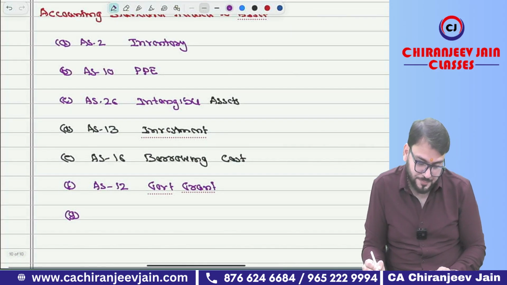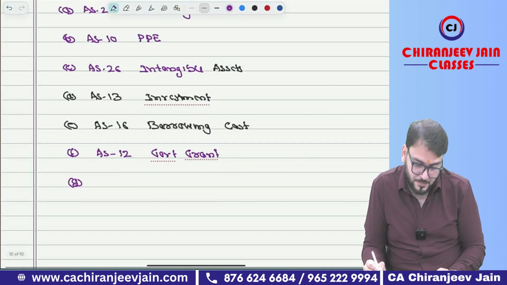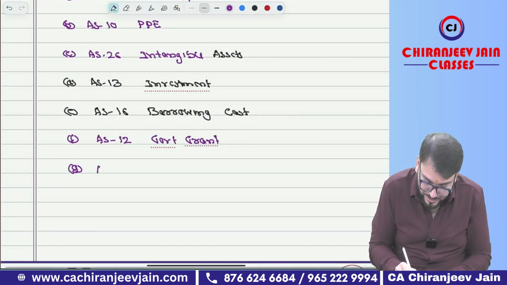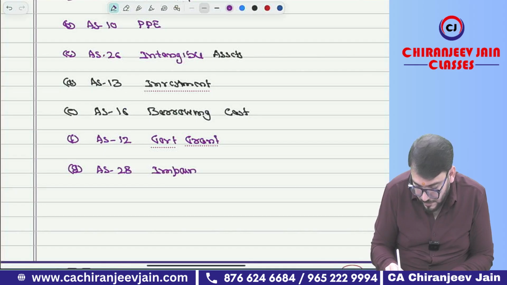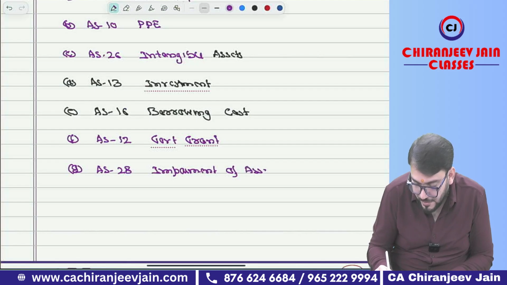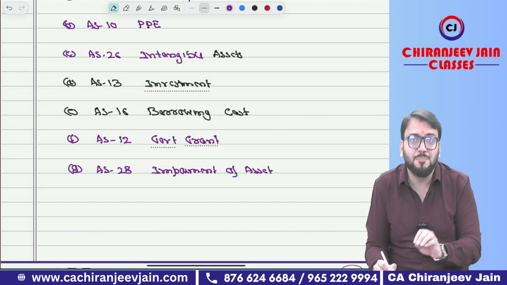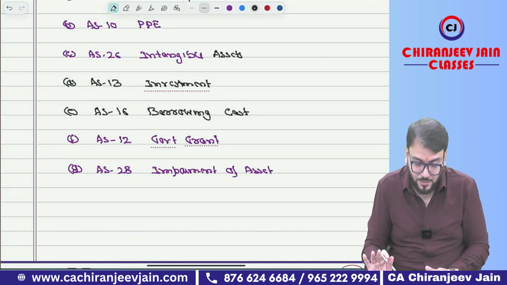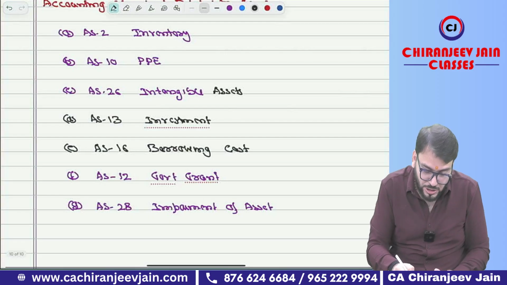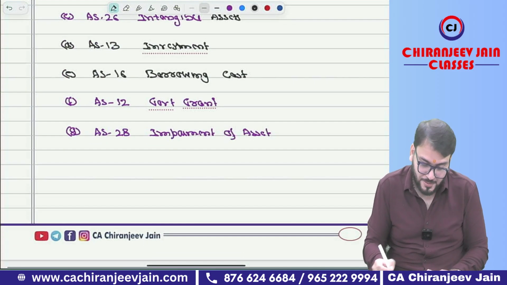Then we have AS28, impairment of asset. Now what impairment is we'll discuss, but right now just write down. I will not say what is impairment right now. Correct. You can see 1, 2, 3, 4, 5, 6, 7.